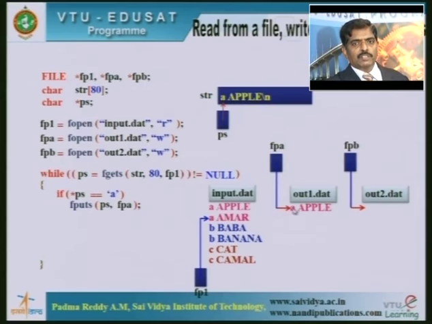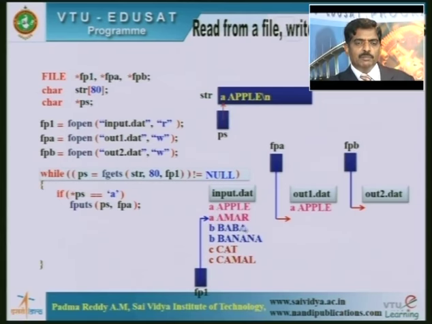Immediately after the string is written into the file, the file pointer points to the next one. Again control goes back. Now if I execute this, what will happen? fp1 points to Amar.